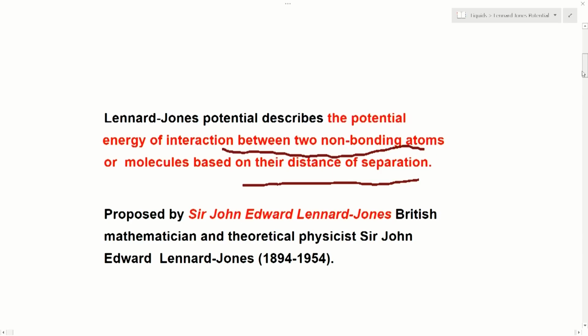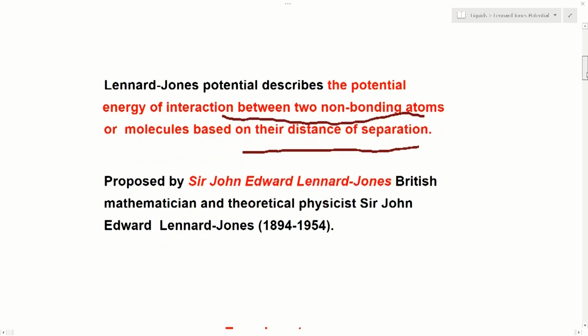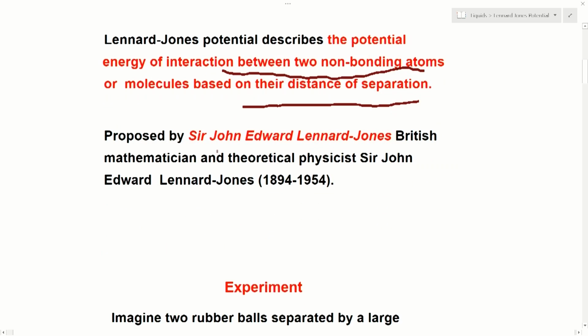That is, it describes the relation between the potential energy of the interacting molecules and the distance between the two interacting molecules. This was proposed by Sir John Edward Lennard-Jones, a British mathematician and theoretical physicist who lived between 1894 and 1954.